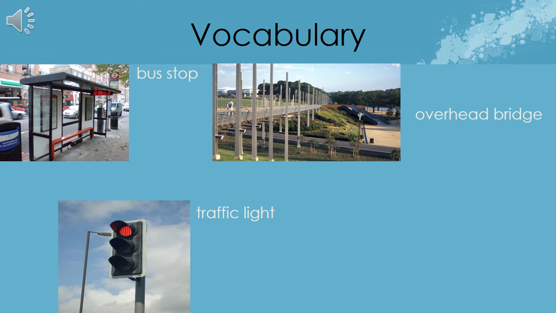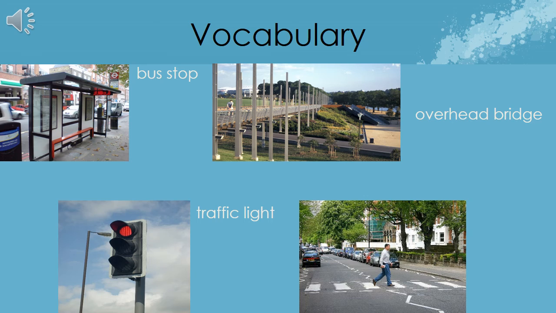Answer: traffic light. And then, what is the place where you can safely cross the road? What is it called? It is called a pedestrian crossing. Good job.